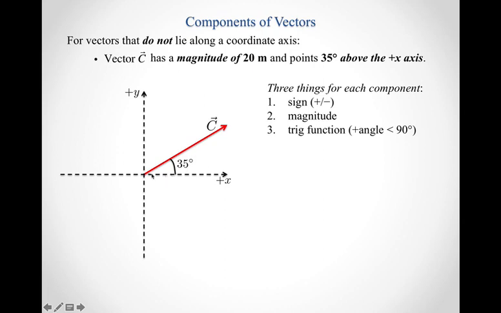So if you think about vector c here, the x component along the x-axis and the y component pointing in the y direction basically give me a right triangle.